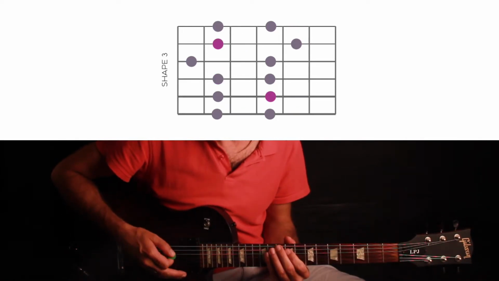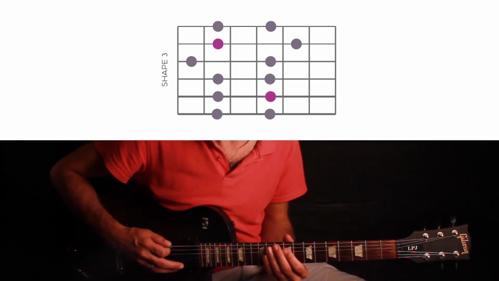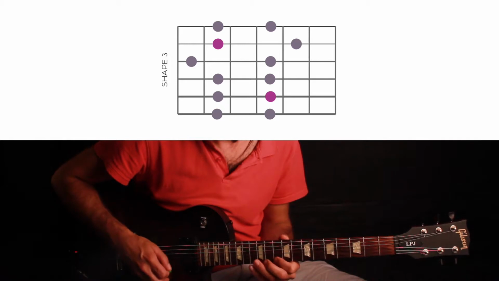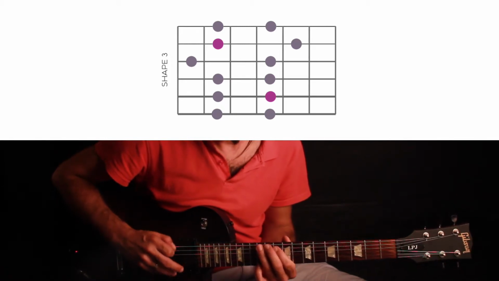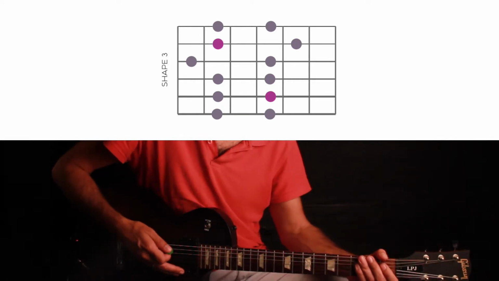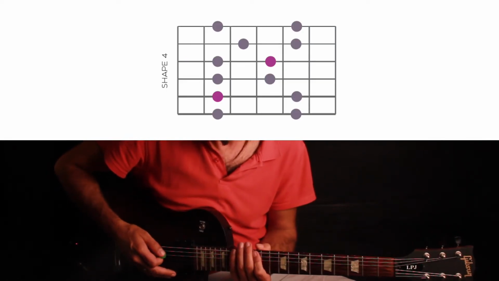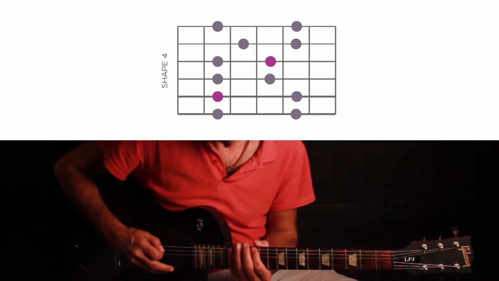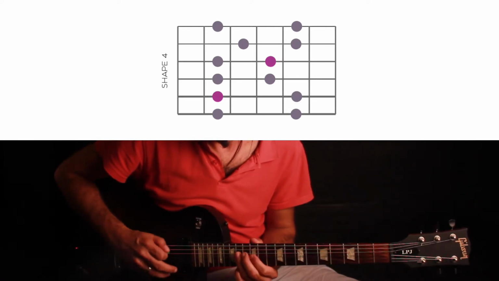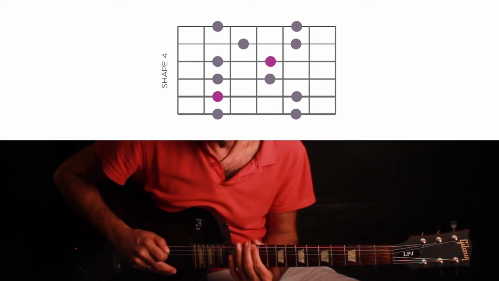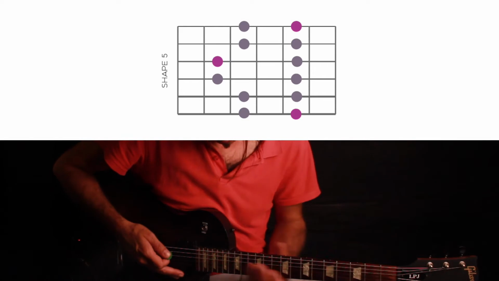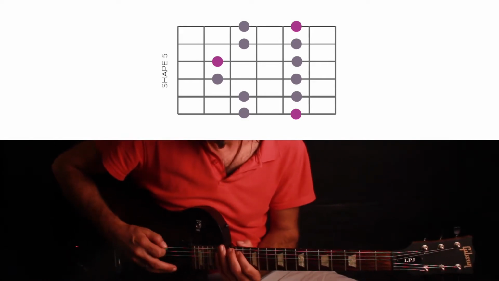The third one, the D shape, looks and sounds like this. The fourth one, the E shape, looks and sounds like this. And finally, the last one looks and sounds like this.